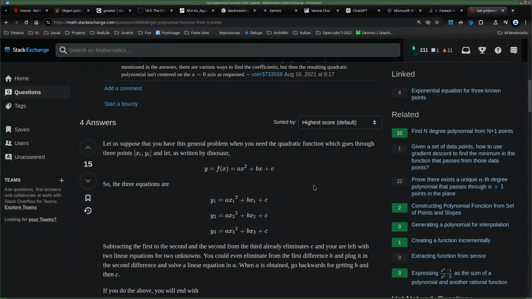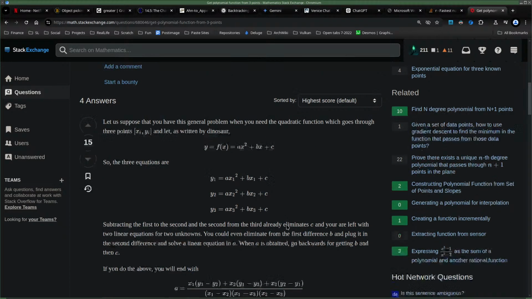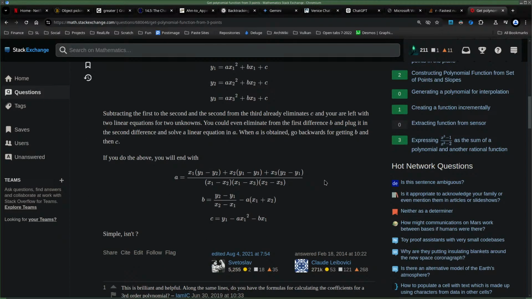So yes, we have x1, y1 is 1 point, and that is on the curve. And so same for point 2 and 3. And you can solve it like that. Ta-da!